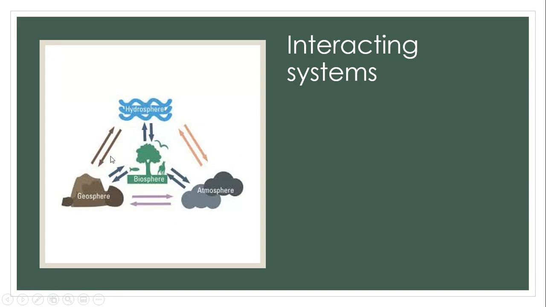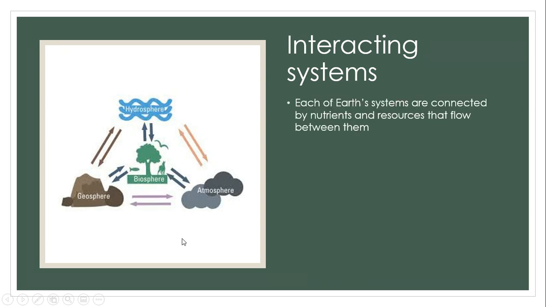I like this diagram because it shows how every system can interact with every other system, and that's really what we're looking at in environmental science. Each of Earth's systems are connected by nutrients and resources that flow between them, also energy. I think I forgot to note that.